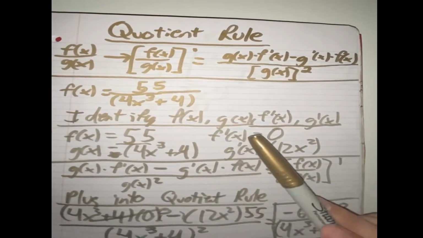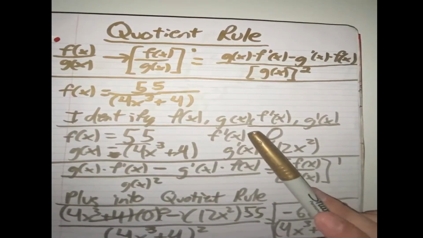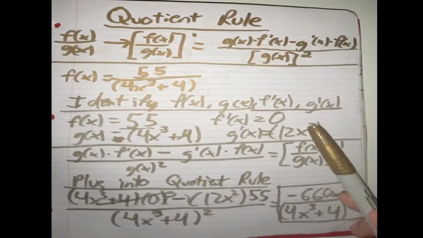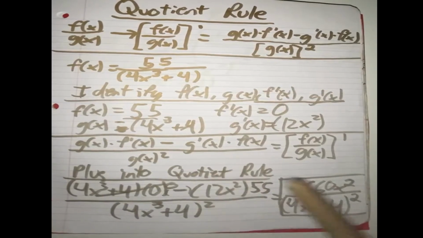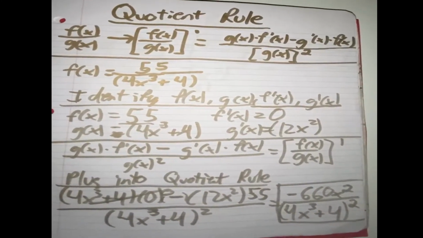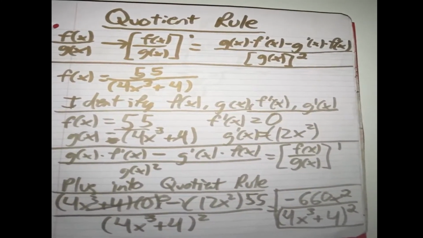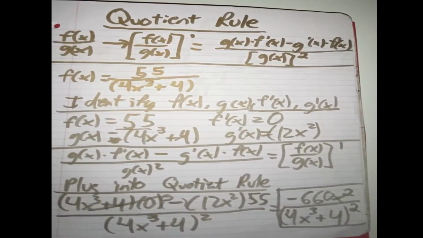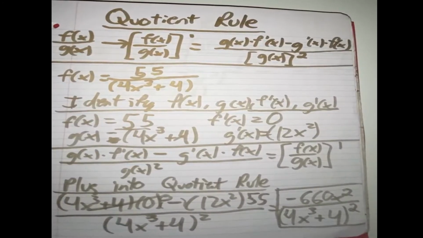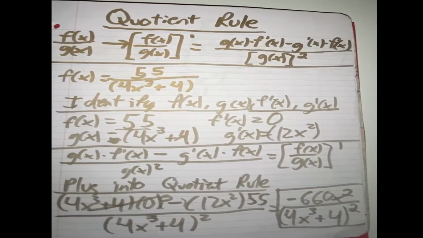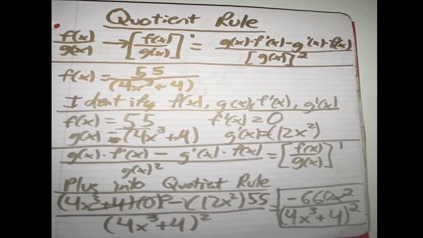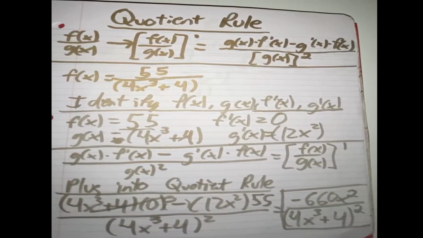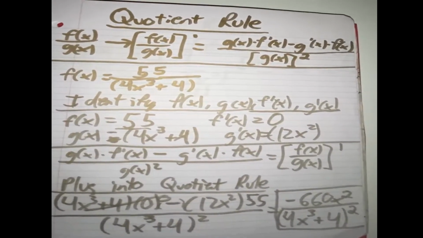Then differentiate both, which we did right here. Then the next step is literally just to plug it all into the quotient rule. So identify it's a quotient rule problem, identify your variables f of x, g of x, f prime of x, and g prime of x, and then plug into the quotient rule. And that's how you perform quotient rule differentiation.